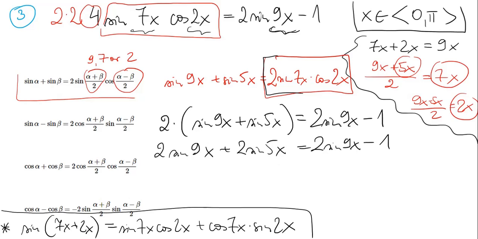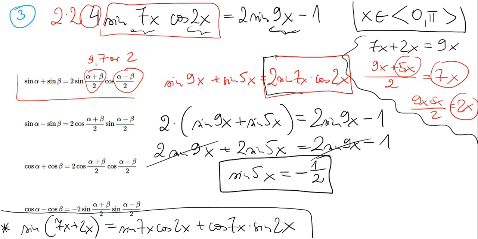So please pay attention to these writings, and I hope it will help you understand what kind of formulas you can use in these different types of equations. I'm going to finish the first one, and then I'll show you how you could do it with the second formula.